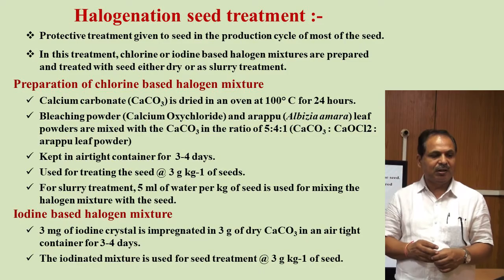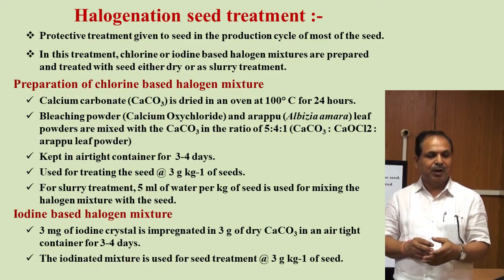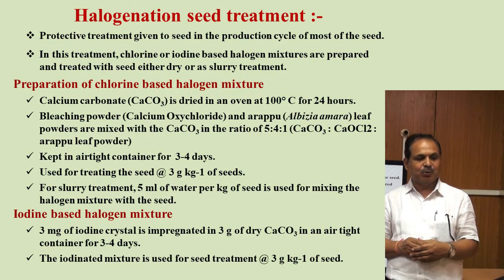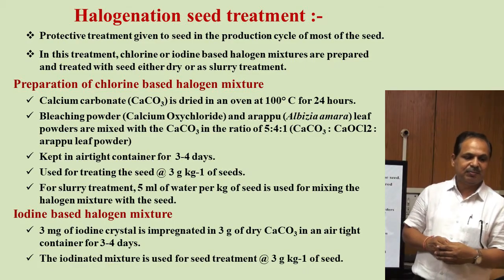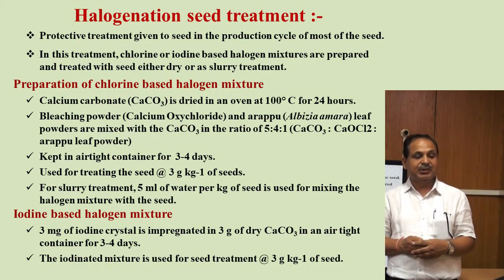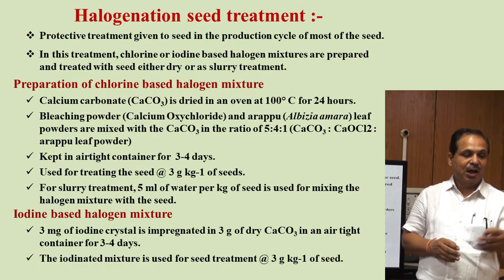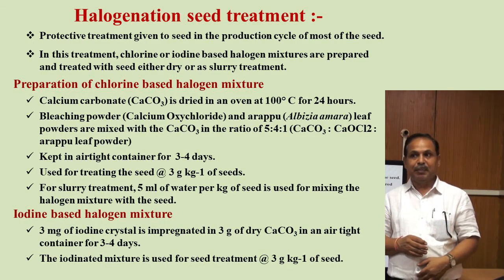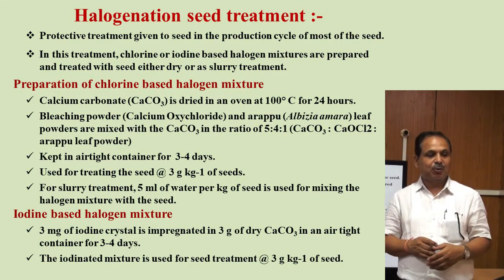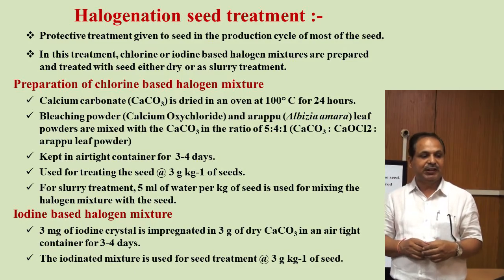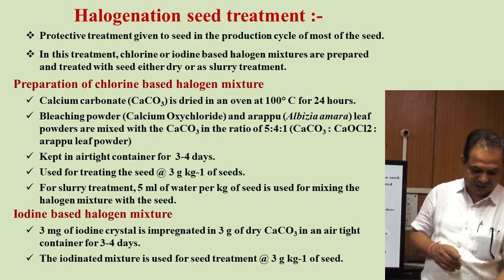Then bleaching powder and arapu leaf powder are mixed with the calcium carbonate in the ratio of 5:4:1. These are some of the processes for the preparation of this halogenation seed treatment.